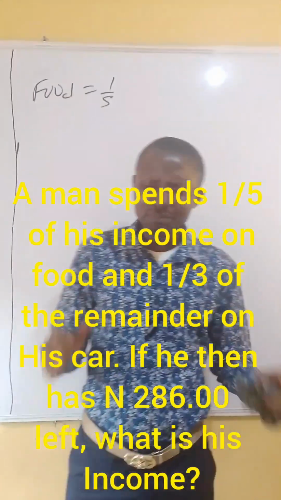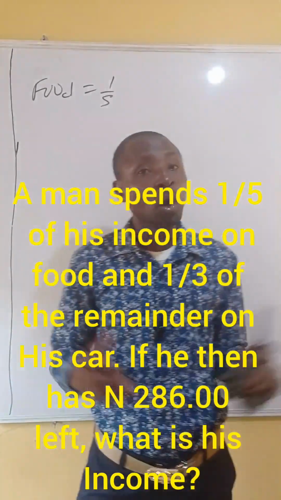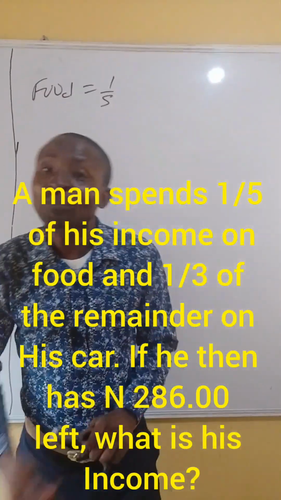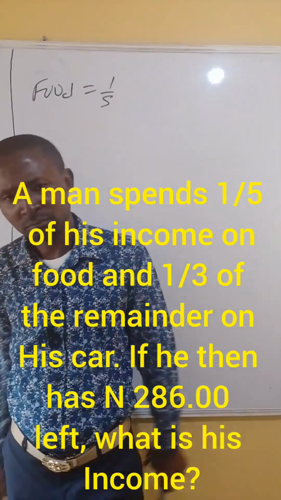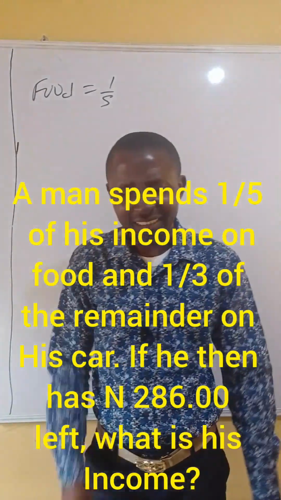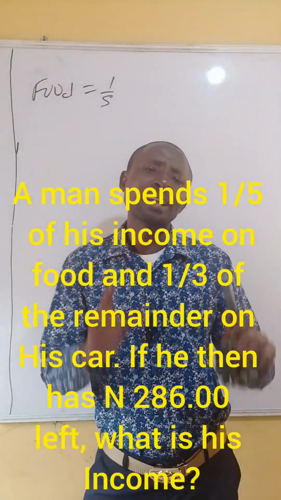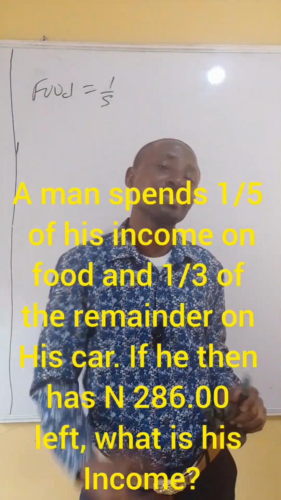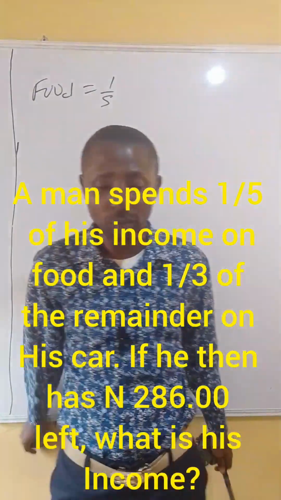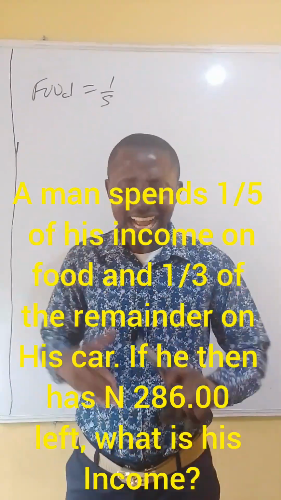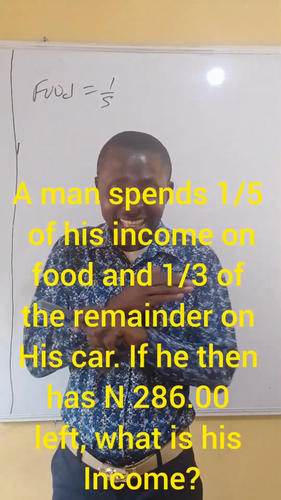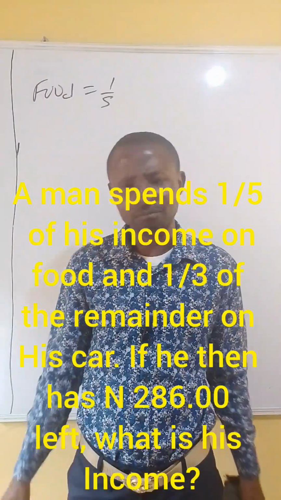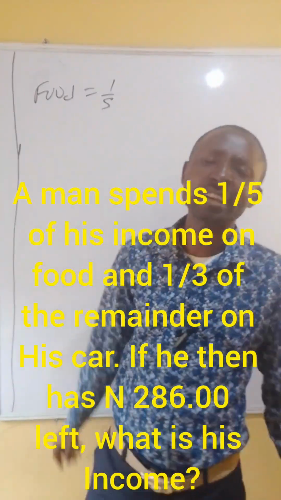A man spends 1/5 of his income on food and 1/3 of the remainder on his car. Now, if he then has 286 naira left, how much is his income? Nigeria deals with naira currency. I'm in Nigeria, so we're using Nigerian currency.